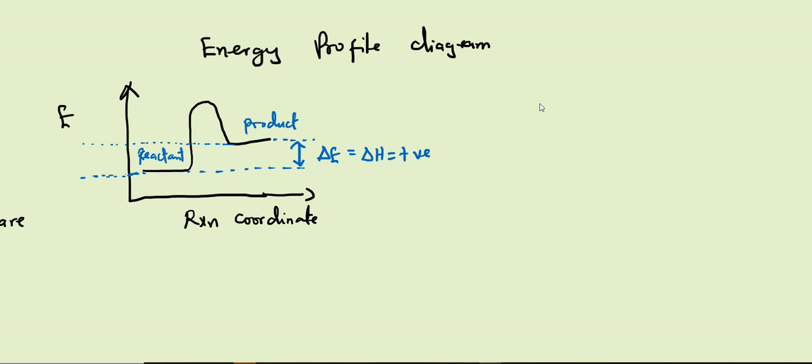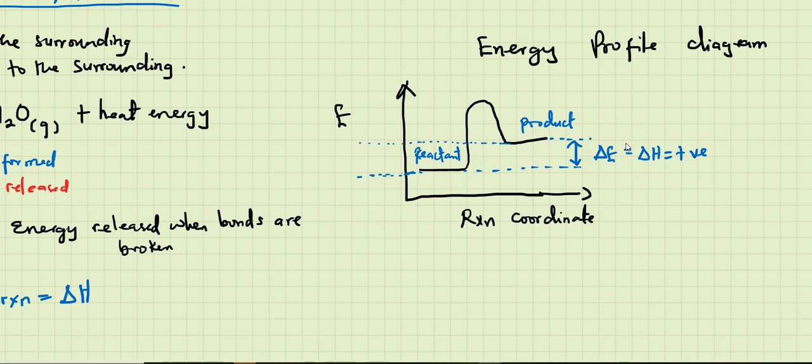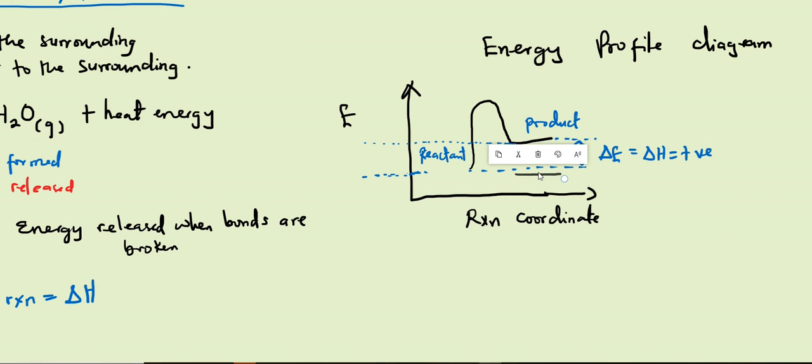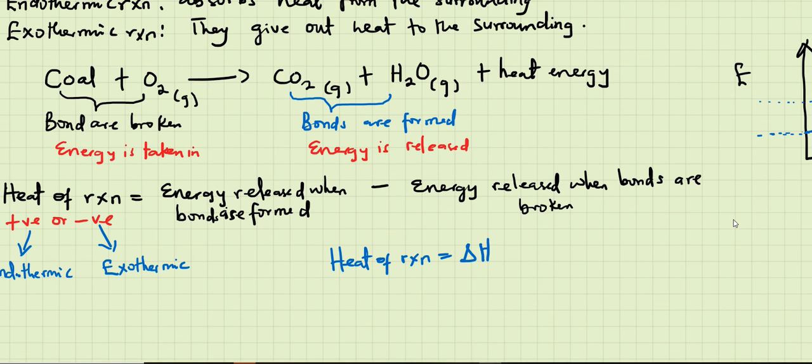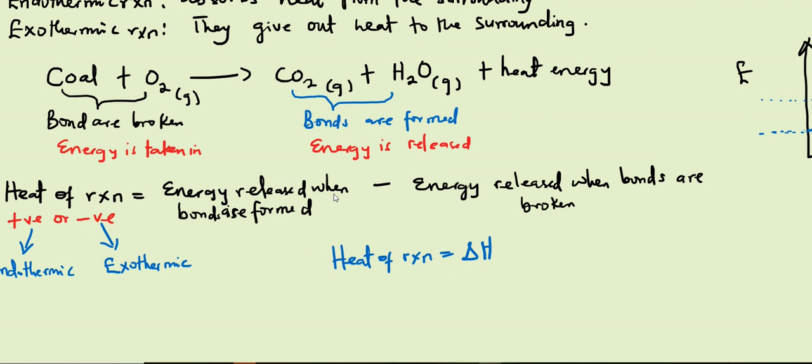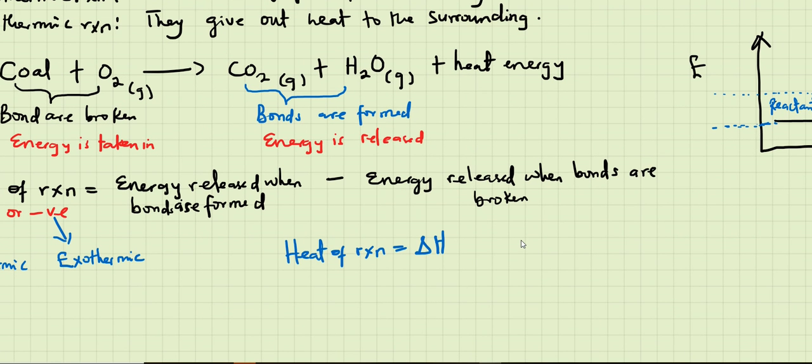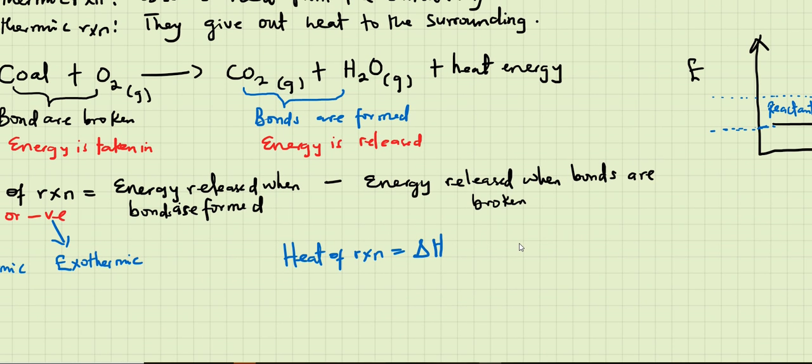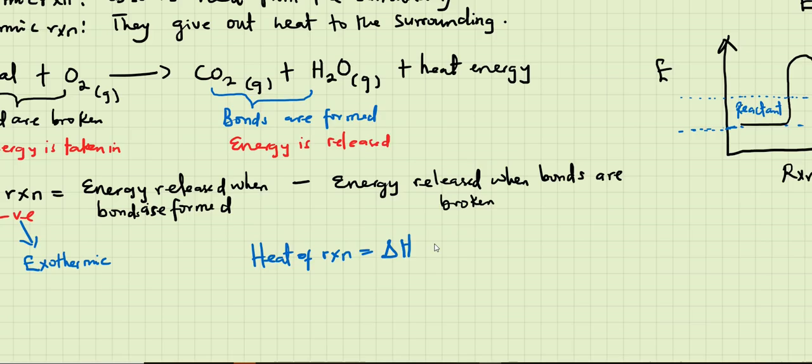And if you look at what we described previously, delta H is energy released when bonds are formed in the product, minus energy released when bonds are broken, which is when reactants are consumed.